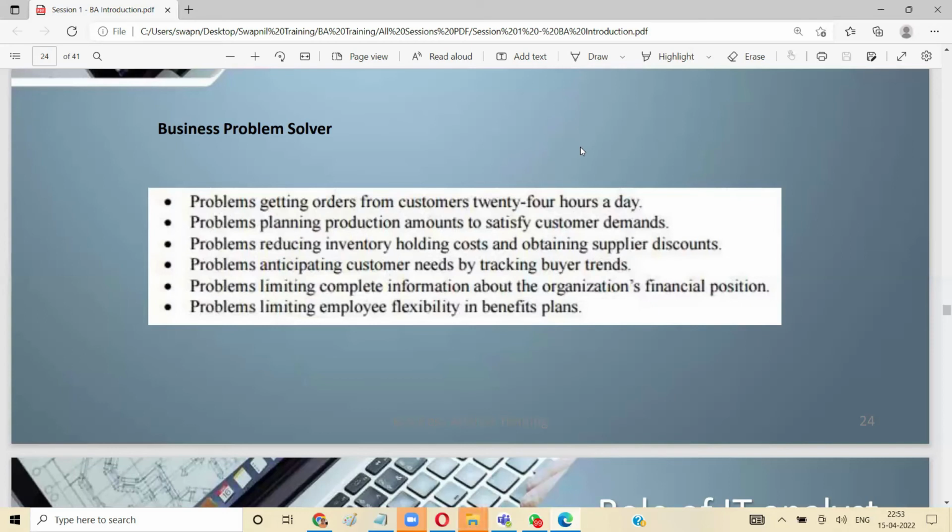So how do you make that sync? It's not happening. How do you do that? Decide with the production team and then you see the demands of the customers.